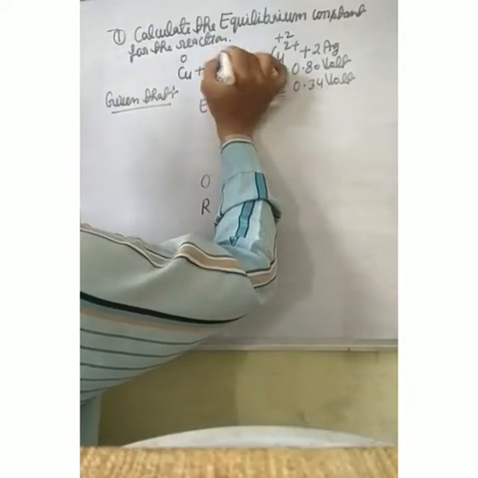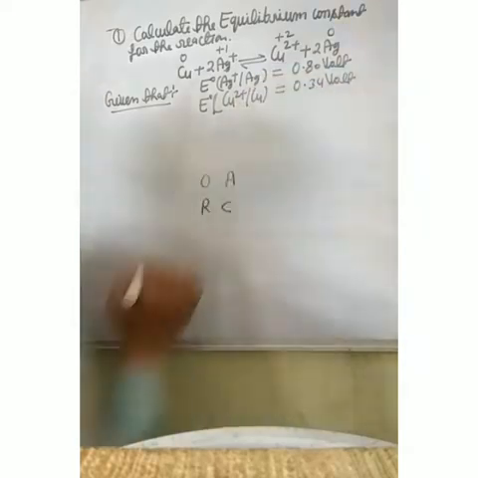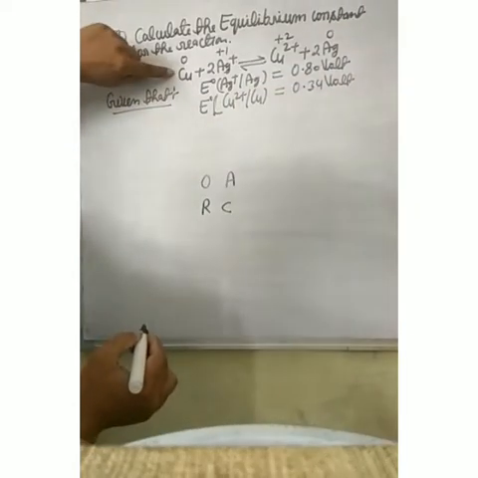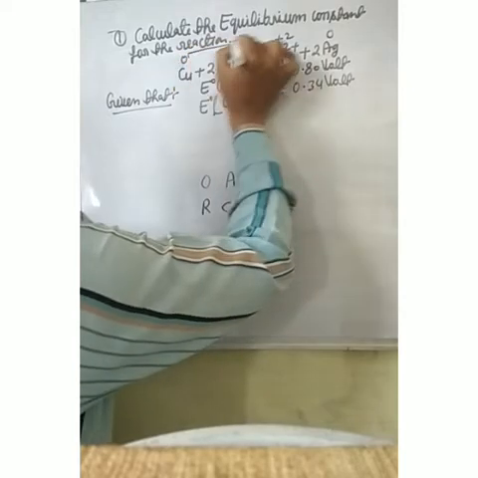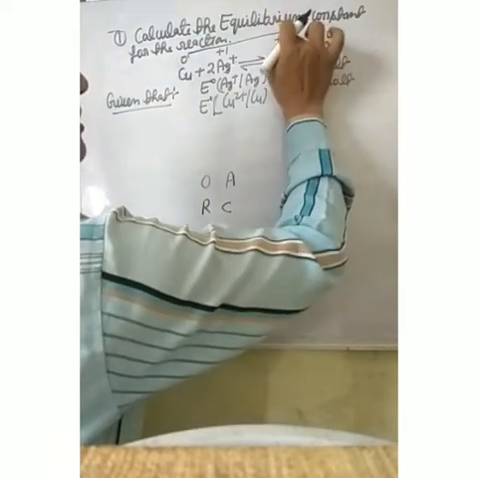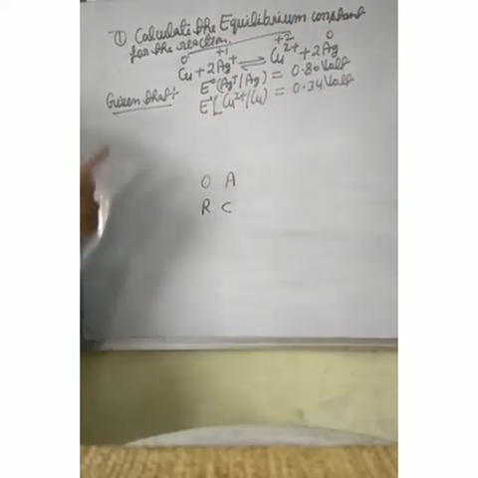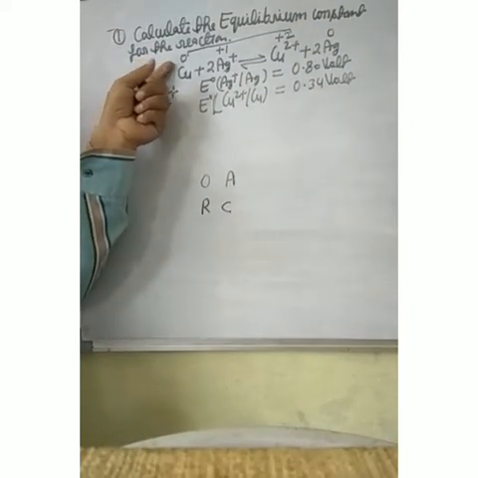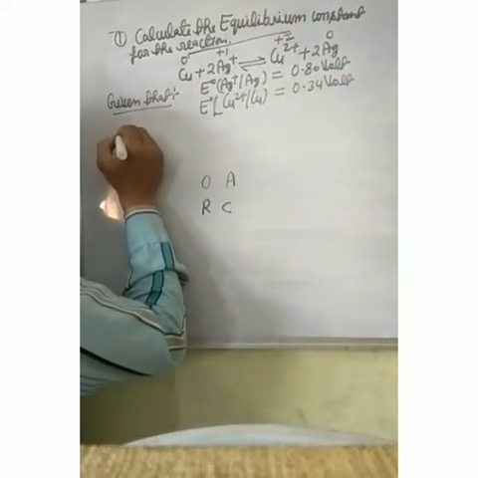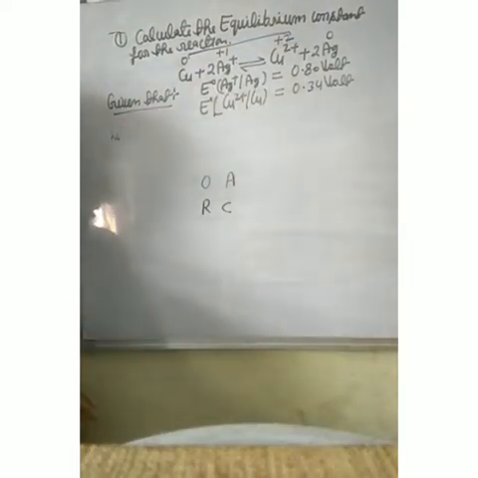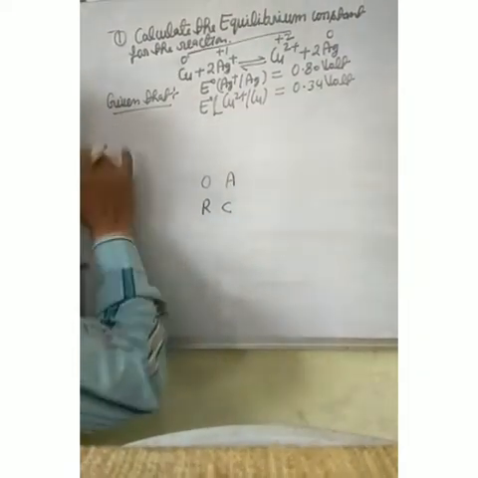Silver ion's oxidation number is 1, and here it is 0, because in the free state the oxidation number is 0. The oxidation number of copper increases from 0 to 2, so it is called oxidation. So in this question, copper is oxidized.